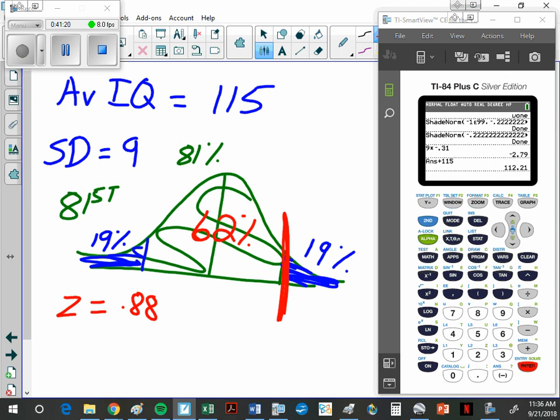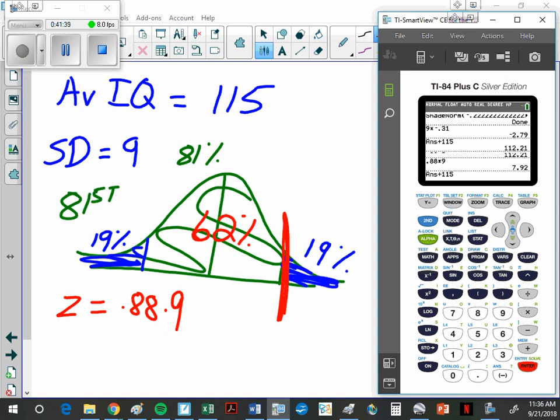So I multiply that by 9. What does 7.92 tell me? That's how many IQ points this person is larger than average. So we add on the 115, and we get 122.92. That person scored in the 81st percentile.